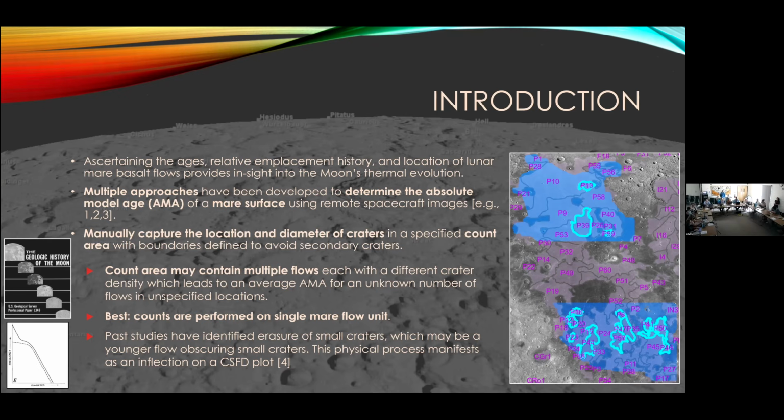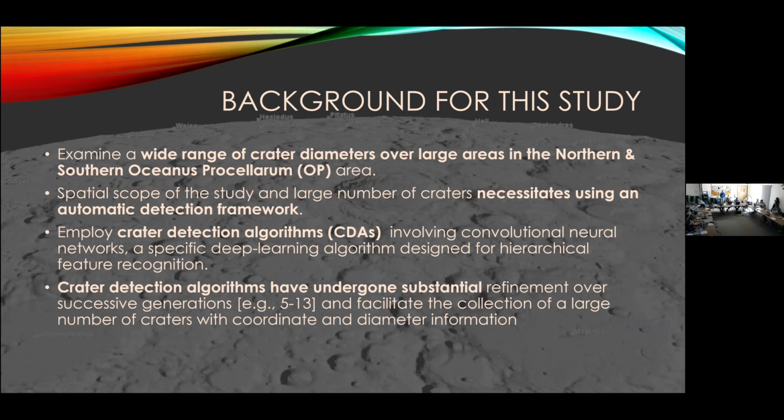Ideally, if we want to understand the age of a flow, we count a single flow. It's quite difficult to determine that. Past studies have identified erasure of small craters, which might be a younger flow obscuring a previous flow. That becomes important later. That appears as an inflection on the CSFD plot.